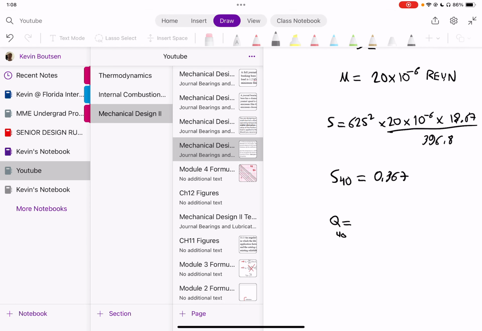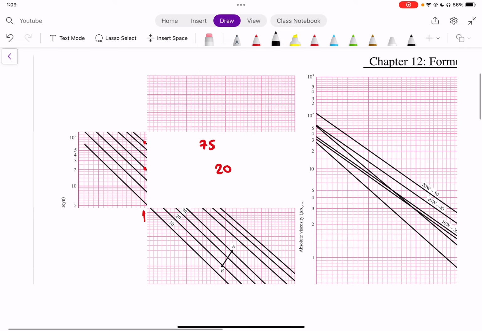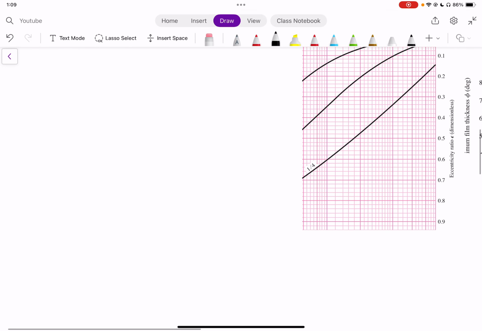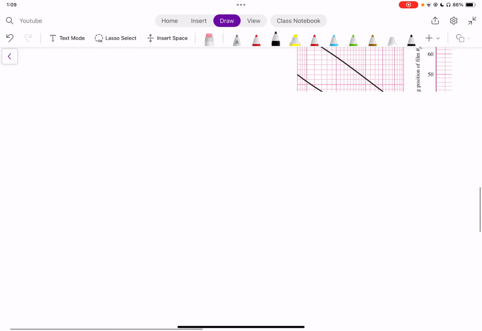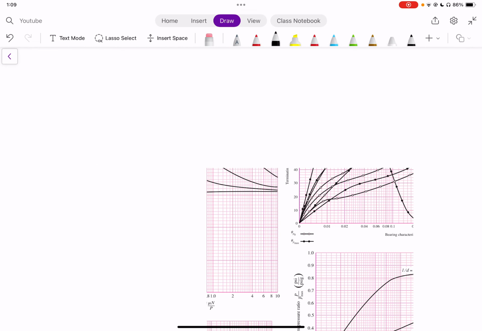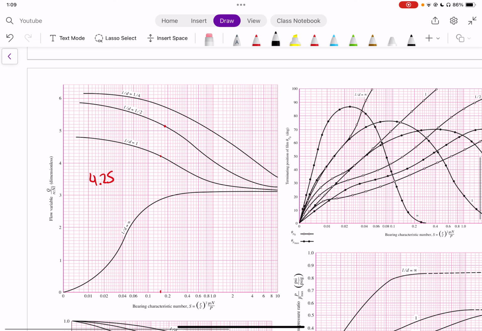Okay, so we go back to our Q chart, which is on the second page. We have a value of 0.367, so that would be somewhere around here, a little bit more to the left.